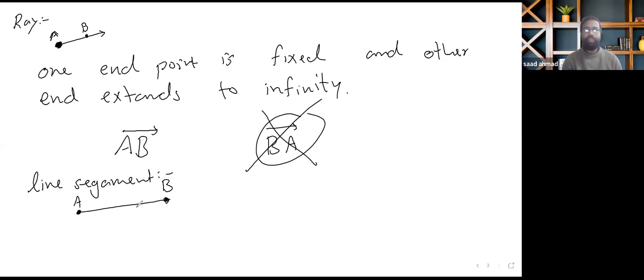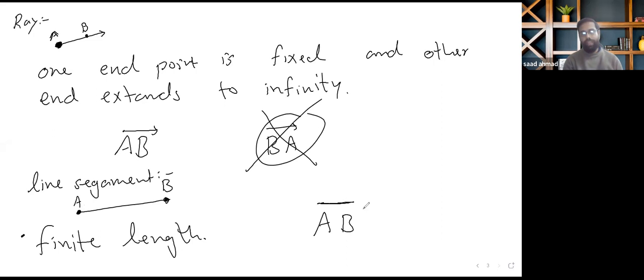Segment means the part, so a line segment means a part of the line, and it has a finite length. Okay, and we represent it by, let's say, AB, and no arrows on any side, like this. Or you can also write it BA, it does not matter, because the length of the line remains the same no matter from where you measure it.